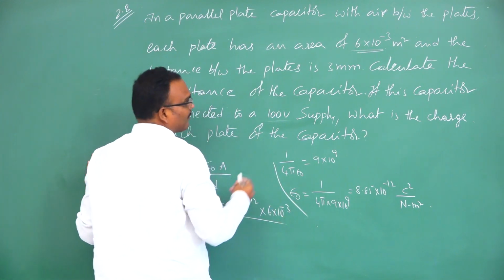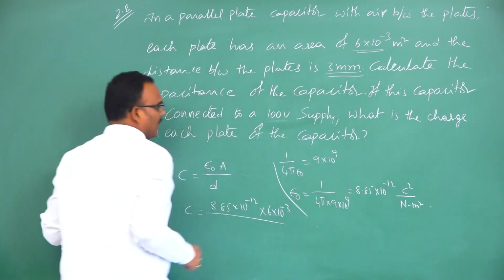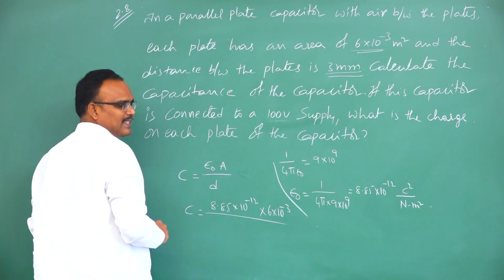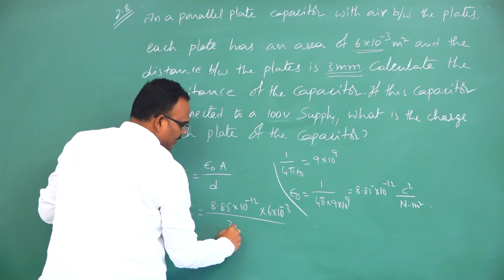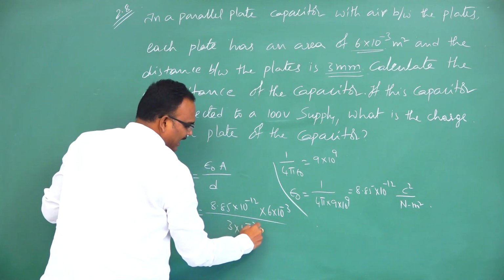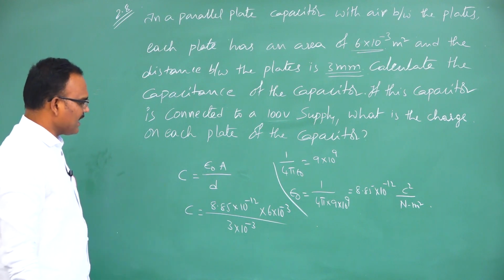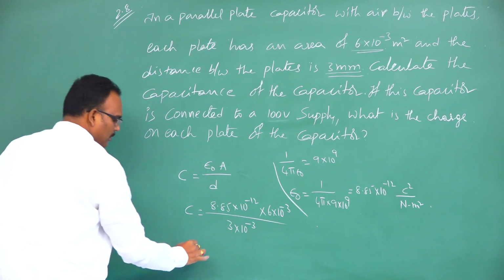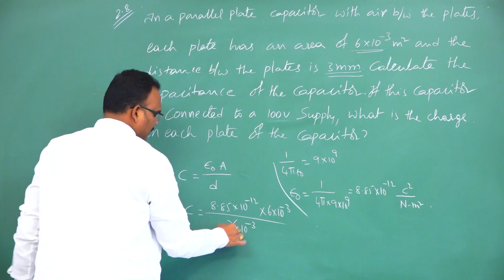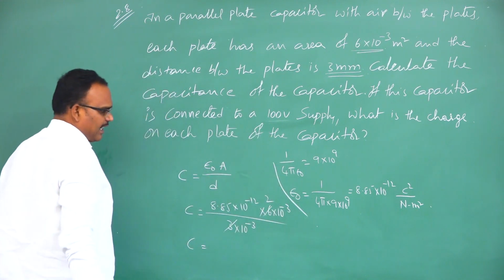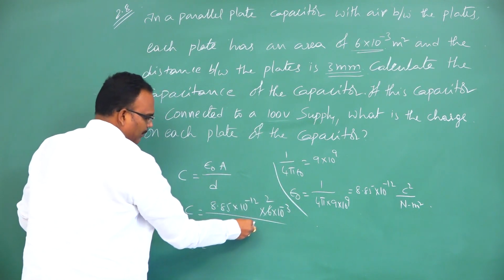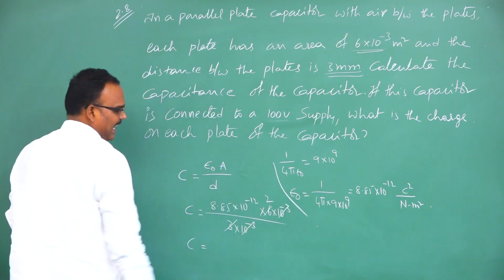Divided by the distance between the plates, which is given as 3 mm. I have to convert this into the SI system, that is 3 into 10 to the power of minus 3. Simplify this. C is equal to 3 ones are 3, 3 twos are 10 power minus 3, 10 power minus 3 cancel.